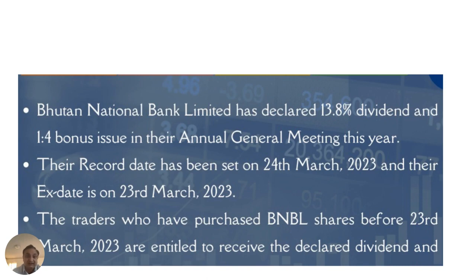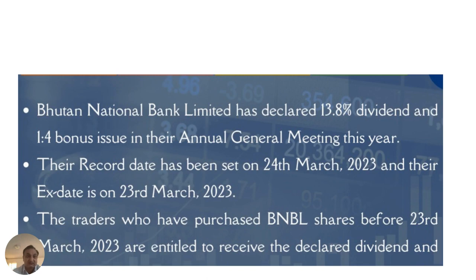To get this share in your name on 24th, you should purchase at least by 22nd, if there is no holiday, Saturday, or Sunday in between, two working days prior to the record date. So in order to get the dividend or bonus or the rights share, you have to buy 2 working days before.